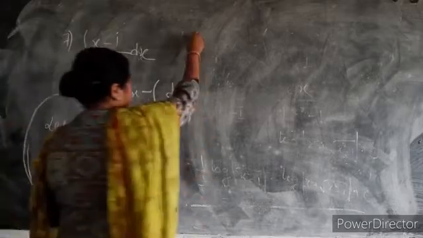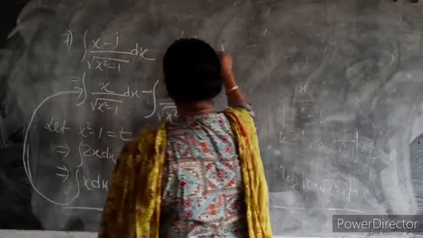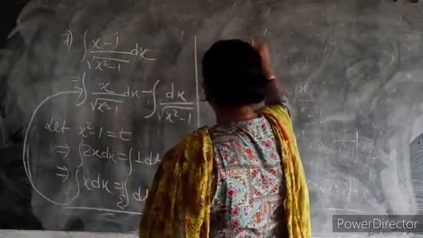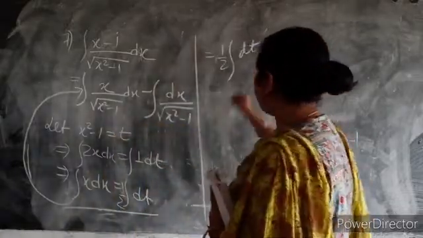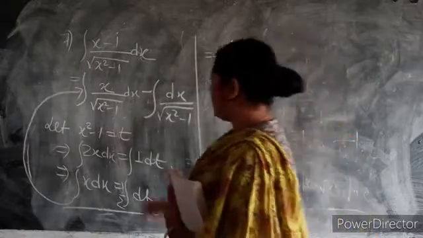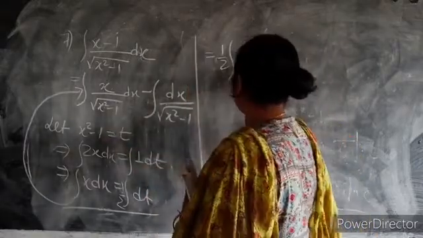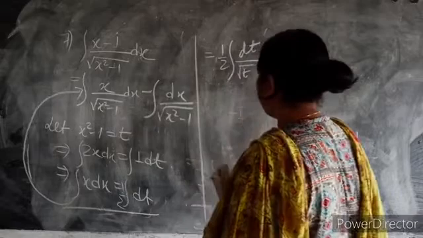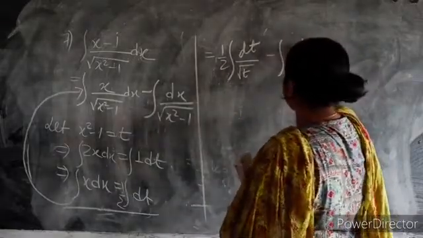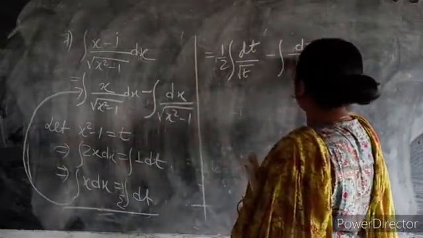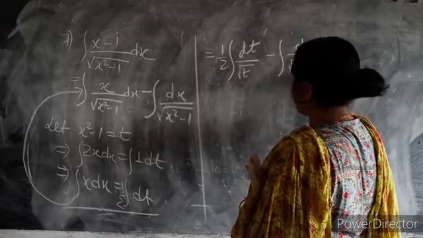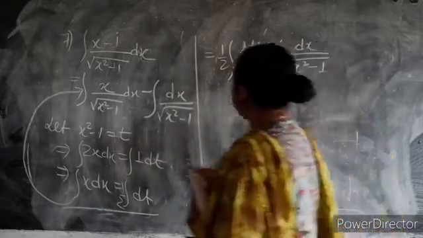So what will it be now? The substitution part will be half of dt upon root t, minus integration dx upon root over x square minus 1.